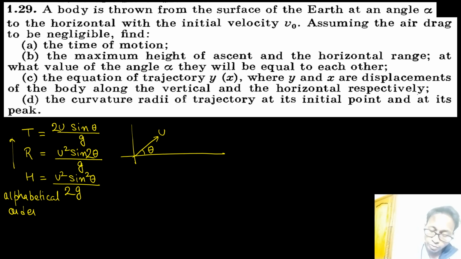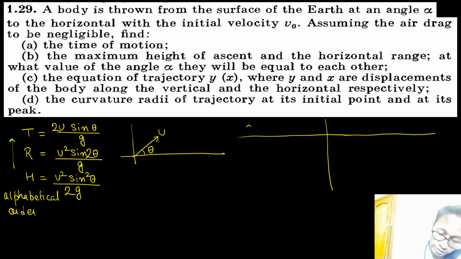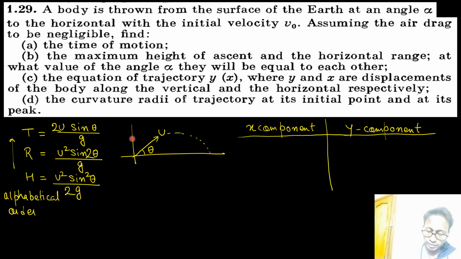Whenever there is projectile motion, all these formulas are only valid for ground to ground projectile. You can always split the motion into x component and y component. So for the entire projectile, how do I find the time of flight?